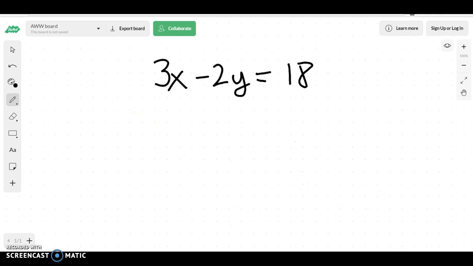Let's try another one. Again, our goal is to get y by itself. And this one was a little bit trickier than the last one. The big issue with this one is when you subtract 3x, you don't want to just drop the 2y. This is actually a -2y.